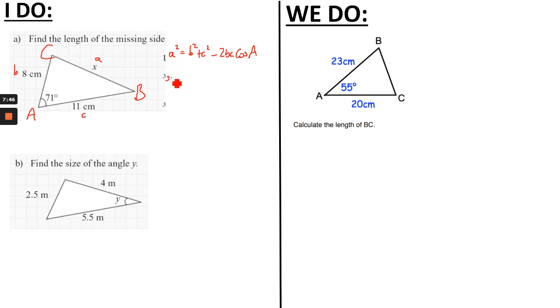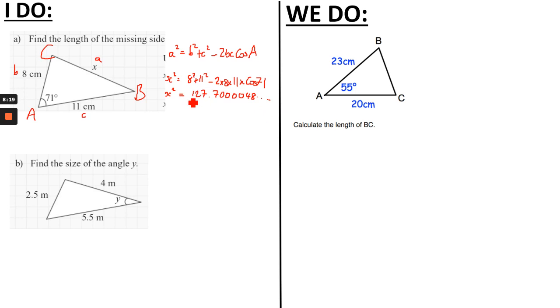So a is x. So we've got x squared equals 8 squared plus 11 squared minus 2 times 8 times 11 multiplied by cos 71. If you type that exactly as it's written into your calculator, you should get x squared equals 127.70000048.